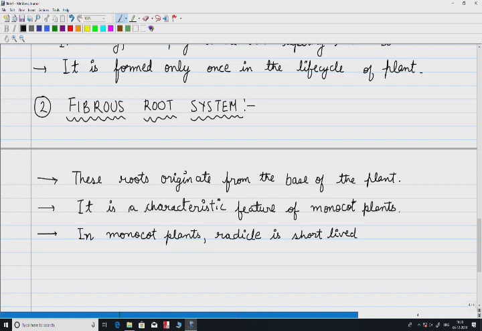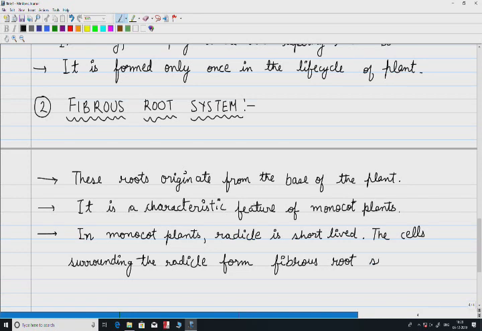And this short-lived radicle is replaced by fibrous root. The cells surrounding the radicle form the fibrous root system.